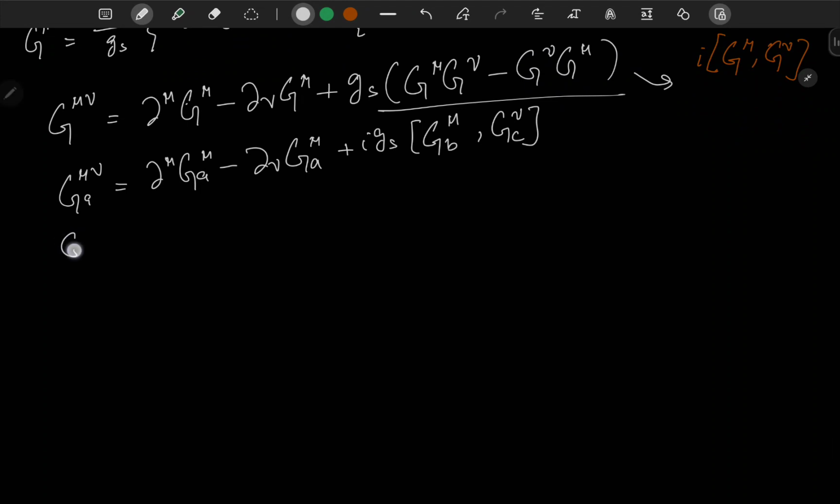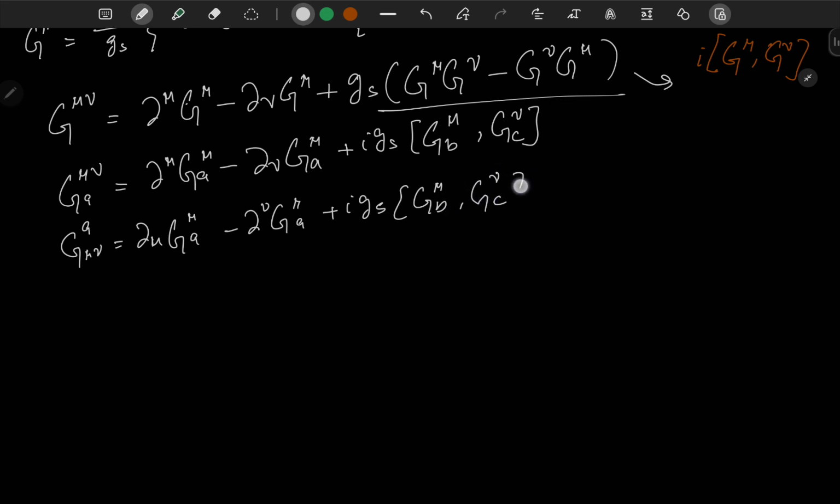Similarly, if we write for g_nu g_mu, it will be D_nu g_mu of A minus D_mu g_nu of A plus i g_s g_mu of B g_nu of C. We know that this can be written in terms of structure constants, so g_mu of B, g_nu of C, and similarly for the other.